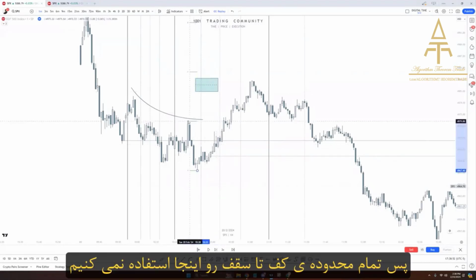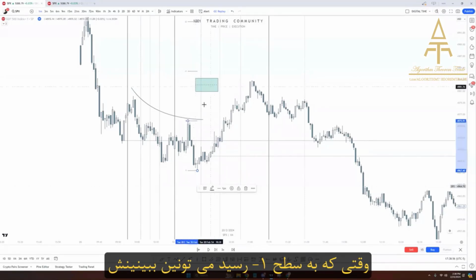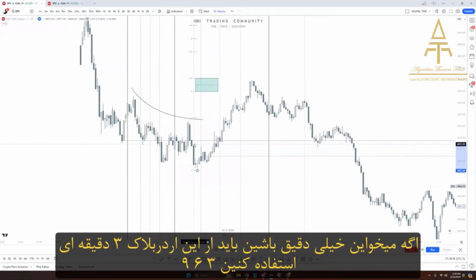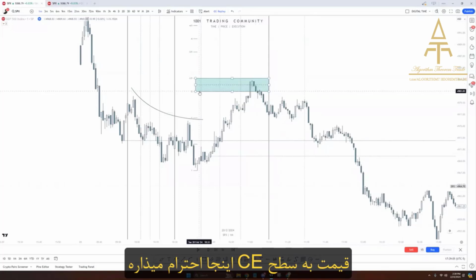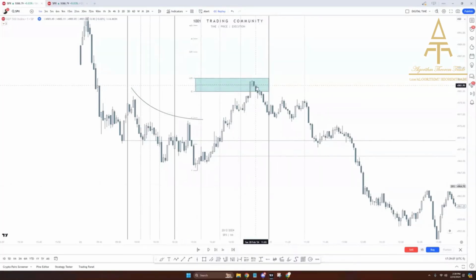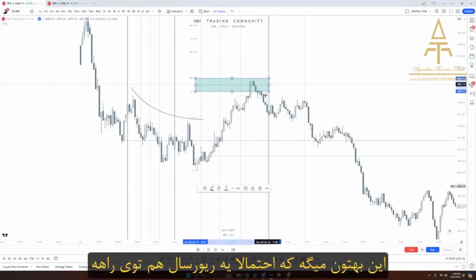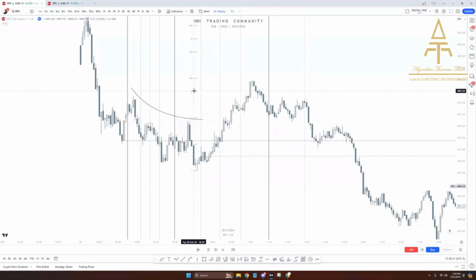So we're not using the entire low to high there. We never even reach -1. You can see that? If you want to be a bit more precise, use those 3-minute order blocks. 369. Price then respects the CE of this right here and closes back below it. That tells you a possible reversal is also on the way. A beautiful area to take profit.